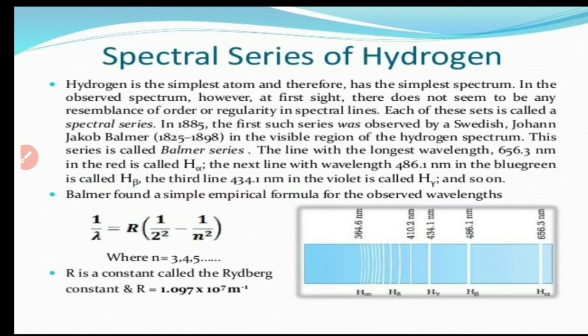And the element which was studied in a serious manner was hydrogen. The first spectral studies were conducted on hydrogen, and it was observed that in the case of hydrogen there were several spectral lines.